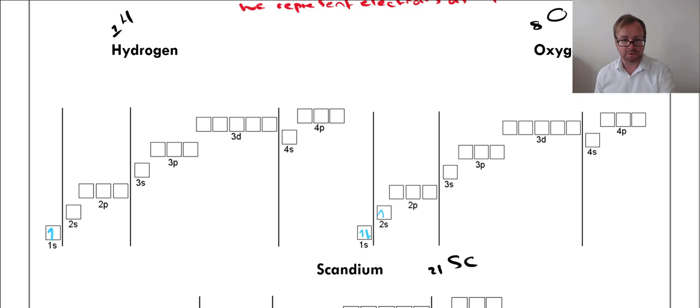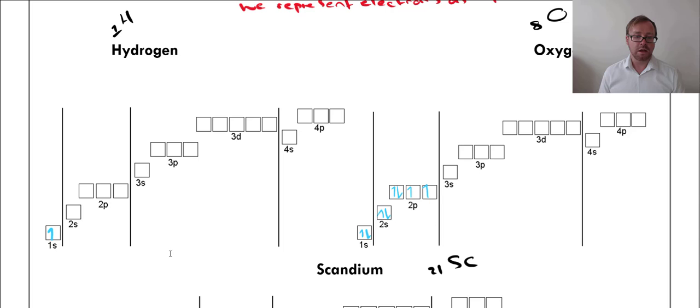I then move on and fill my lowest energy subshell, and then I move on. Now look what I do here. I put my electrons in separate boxes. Remember, that's because they are negatively charged, so they repel. So I have 1, 2, 3, 4, 5, 6, 7. I need another electron. I can't move up to this energy level, so it goes as a pair here.